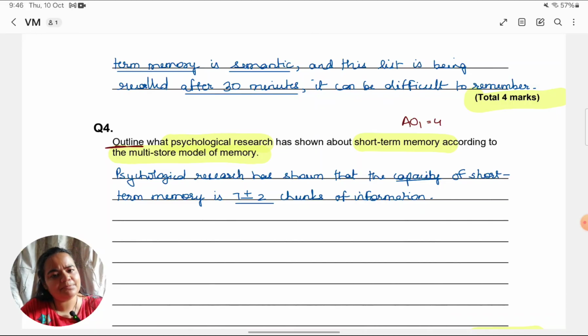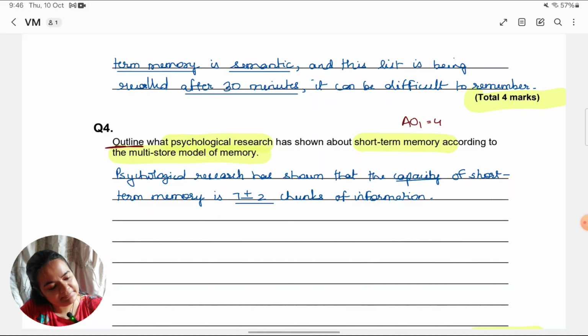Either I can just explain what we mean by 7 plus or minus 2, or I can suggest anything about capacity, how it can be increased, or why it might be more or less for somebody. Right now, I'll just elaborate on the same point by explaining what it means.